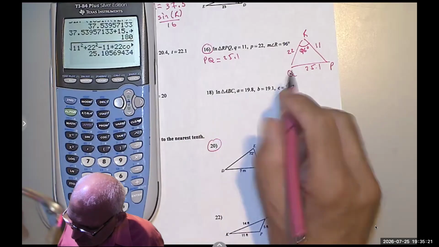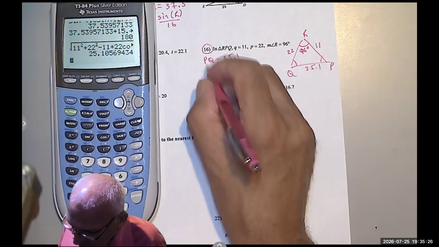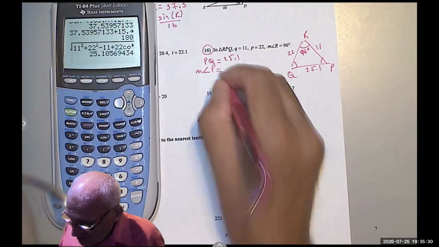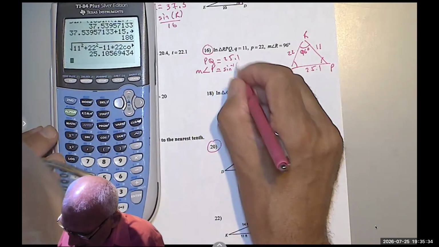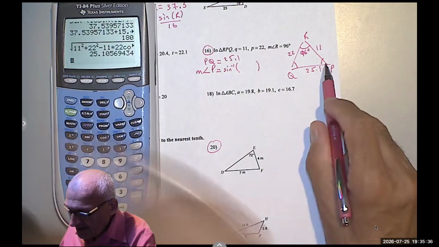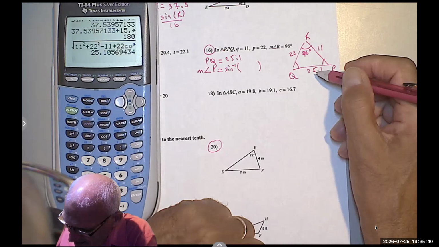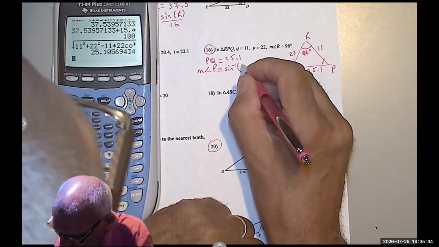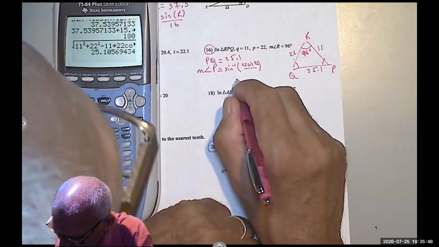Then to find a measure of angle, let's do P since P comes before Q. Measure of angle P equals inverse sine. I'm going to multiply the 22 sine 96 over 25.1.